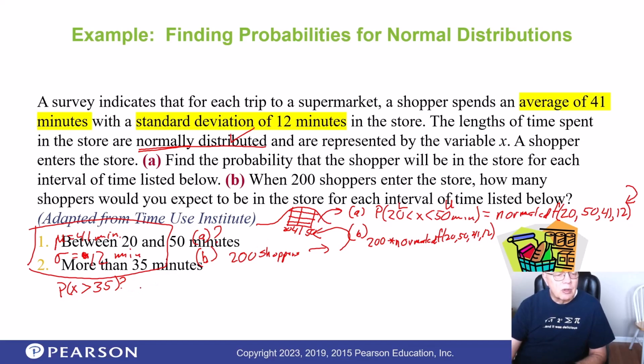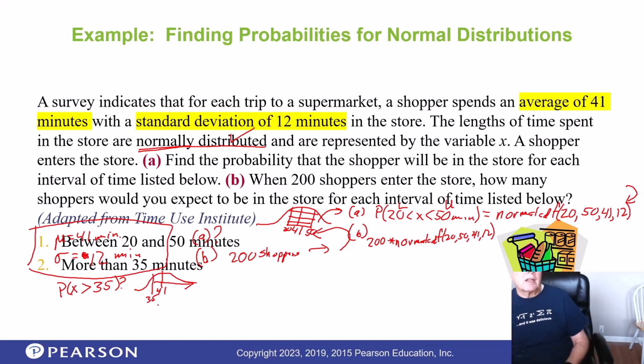Now how do we do this one? This one will be simpler. Here's our 41 in the middle. We want it greater than 35. 35 is back here. We want greater than that, so we want all the area or probability to the right of 35.